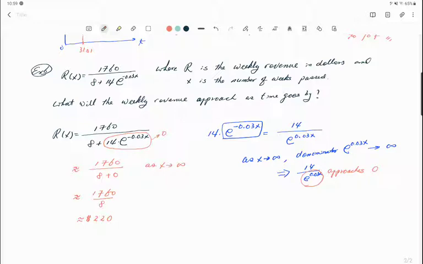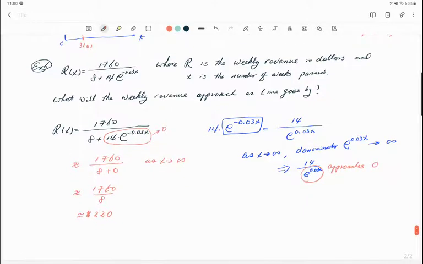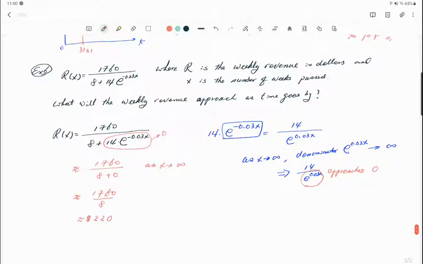Simple, isn't it? So as the number of weeks increases, the revenue approaches $220 per week, every week. All right. So if you use a graphing calculator, it should look like this. This is x, the number of weeks passed, and this is the weekly revenue.